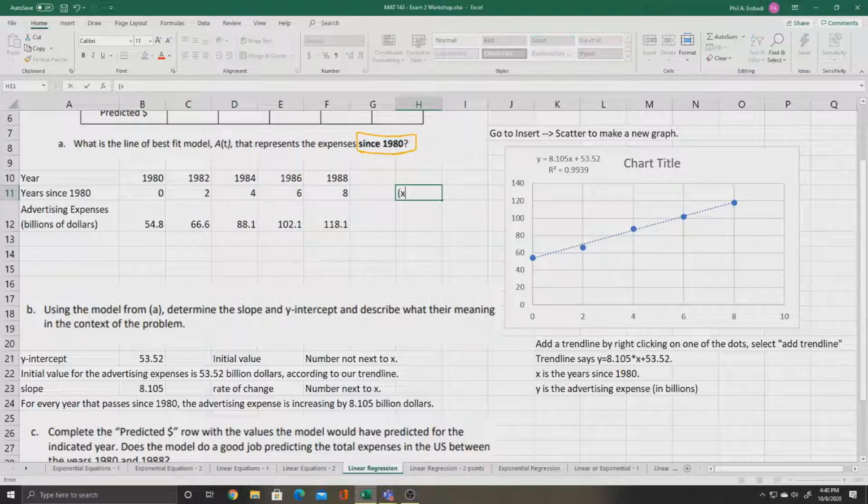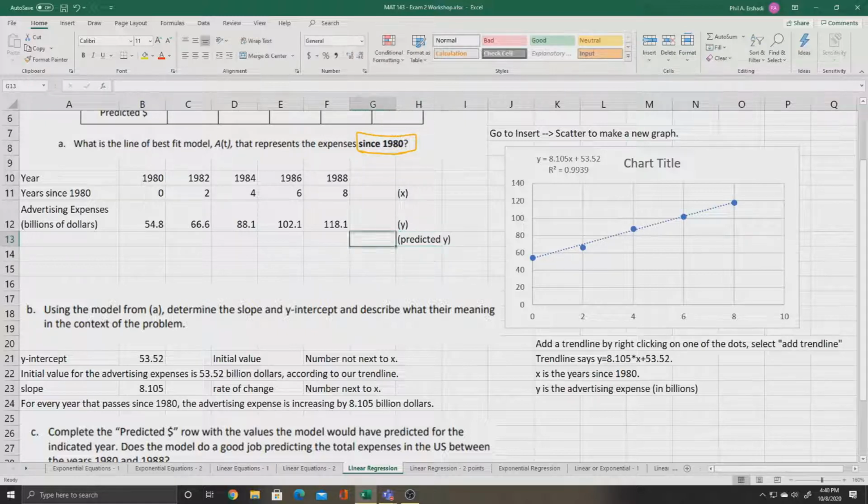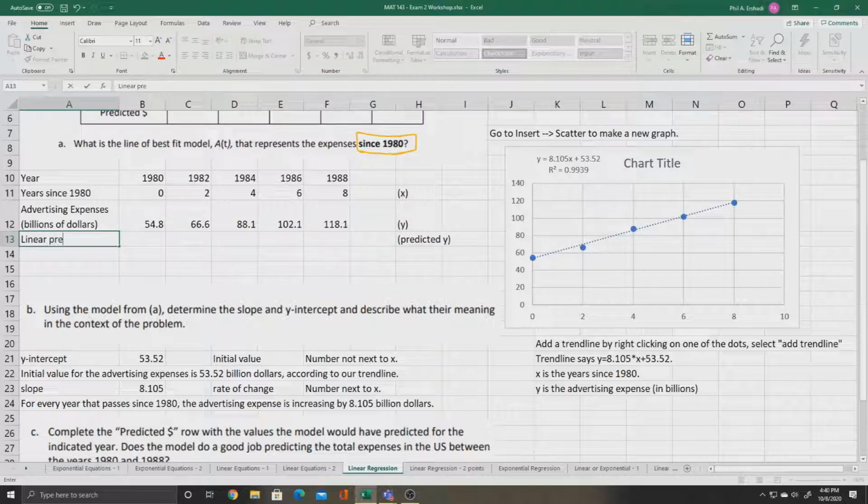So just for clarity, I'm going to show the second row is x, the third row is y, and the fourth row will be our predicted y. So I'll write that this is a linear prediction, and we'll enter the trend line that was given to us by Excel, equals 8.105 multiplied by the x, that's in row 11 here, add 53.52.